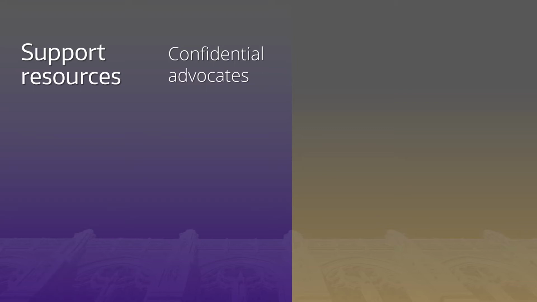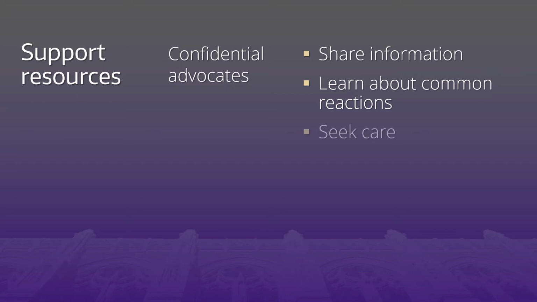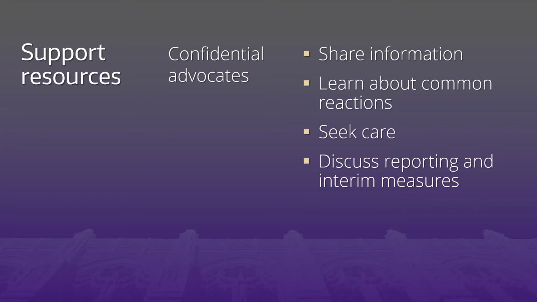At a meeting with a confidential advocate, you can share as much or as little information as you are comfortable with. You can learn about common reactions to sexual assault, sexual harassment, and related trauma. You can discuss how to practice self-care and heal through counseling, support groups, and other resources. You can discuss reporting options and request interim measures. And you can learn about other available resources in your local community.